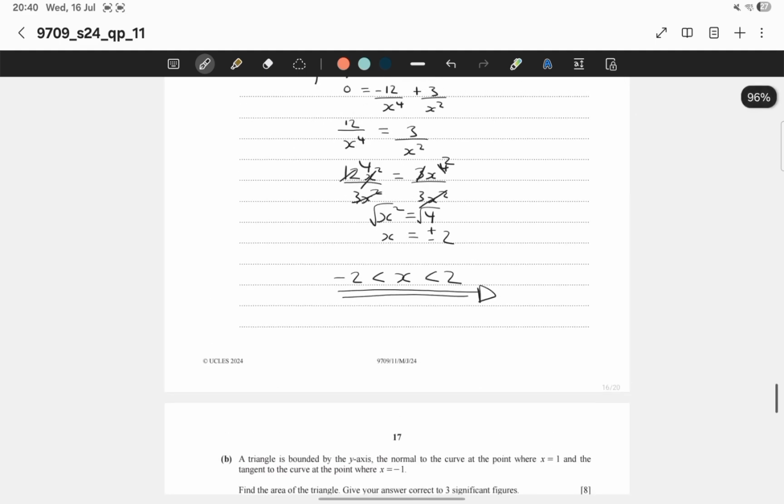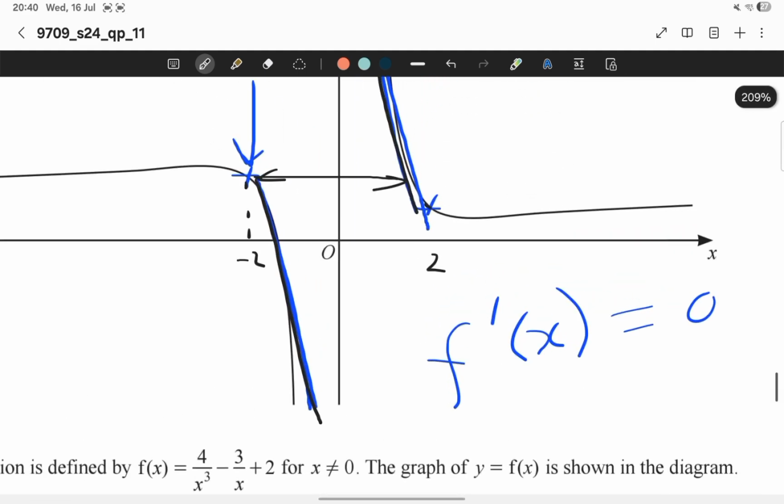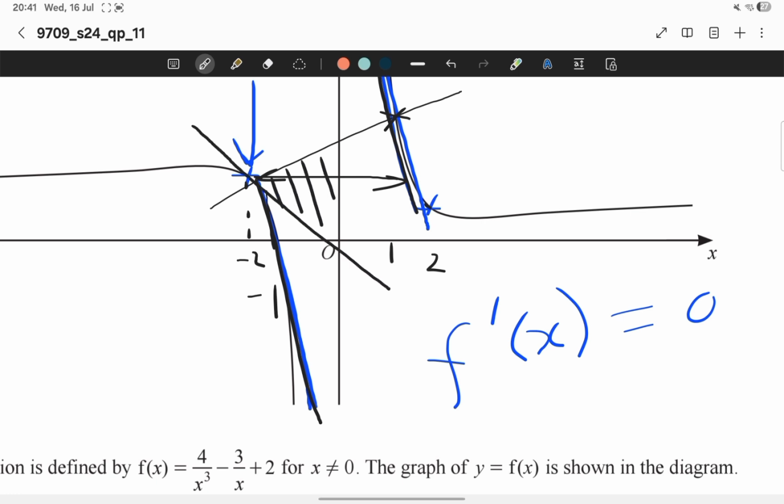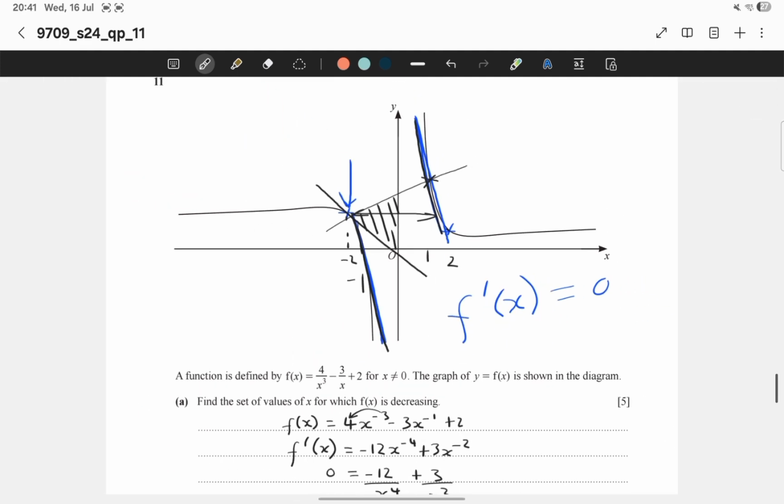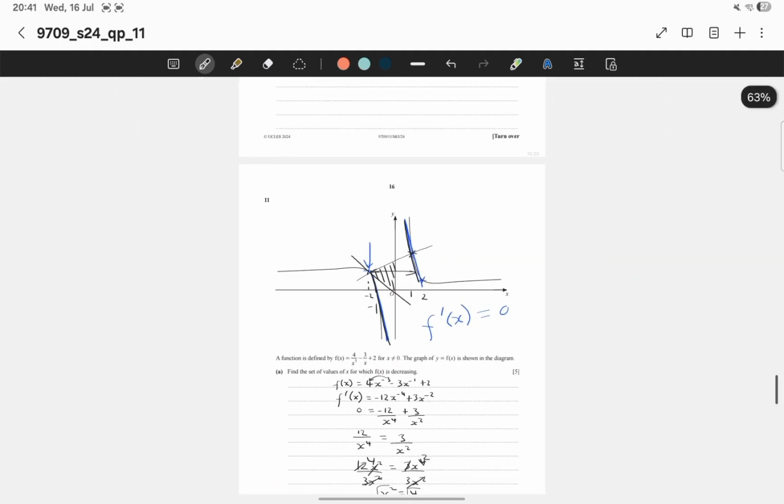At x equals 1, which is somewhere here, there is a normal, and at x equals minus 1, which is somewhere here, there is a tangent going like this. We want to calculate this area, which is bound by the y-axis, the normal, and the tangent.